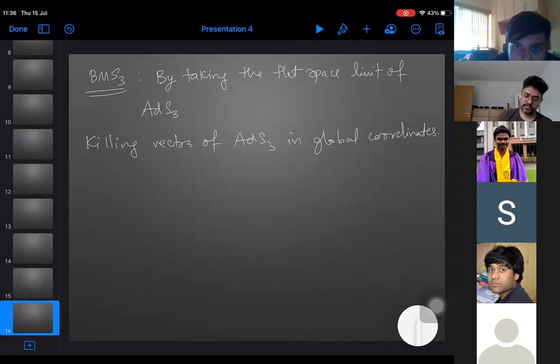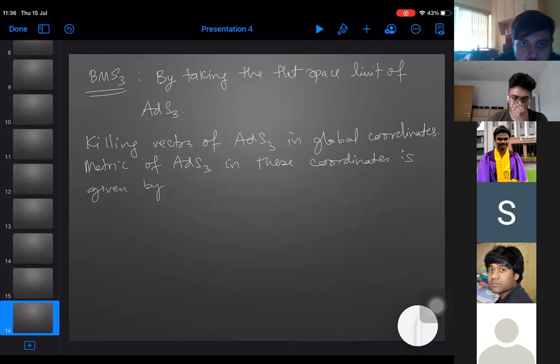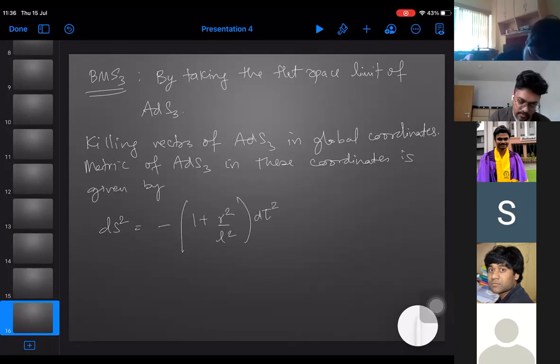So the metric of AdS3 in these coordinates is given by this.